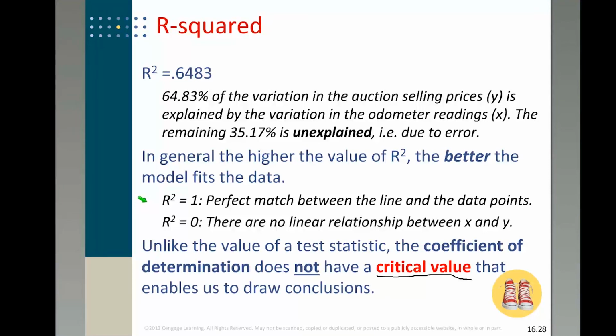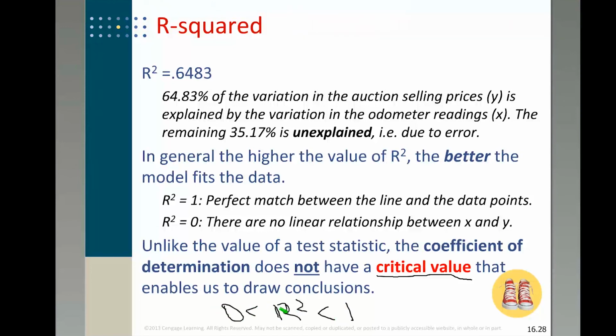Okay, so R-squared equal to 1 is the perfect match, which potentially also means there's no need for regression analysis. R-squared equal to 0 means there's no relationship between x and y, and there's no need for regression either. So we usually look for R-squared between 1 and 0, and R-squared will be between 1 and 0 most of the time. Okay.